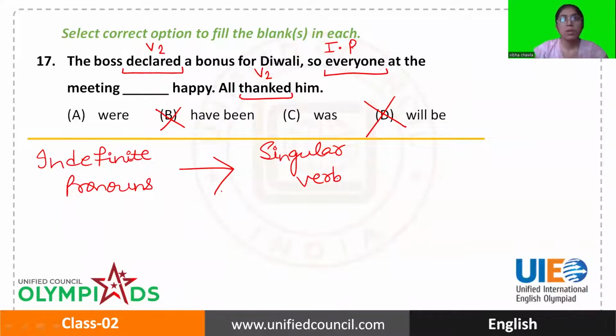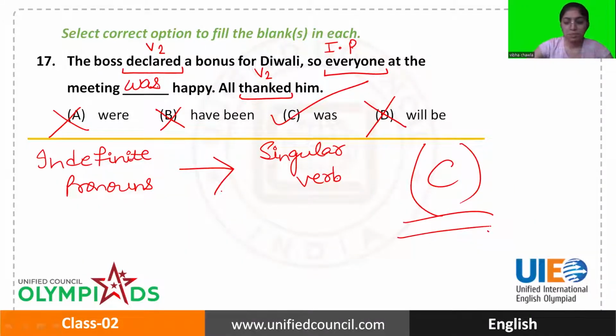So indefinite pronouns like someone, somebody, something, anyone, anybody, anything, no one, nothing, nobody, everyone, everything, everybody, all these take singular forms of verb. For instance, someone is knocking at the door. So everyone at the meeting was happy, not were. The boss declared a bonus for Diwali, so everyone at the meeting was happy. Option C.